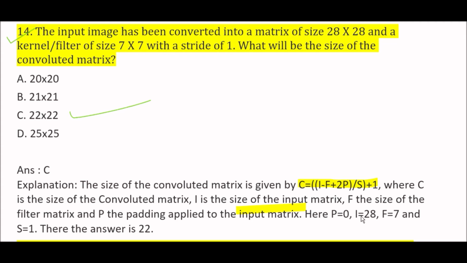Okay, and now let's put the values in this formula. P is equal to 0, I is equal to 28, F is equal to 7, and S is equal to 1, a stride of 1.